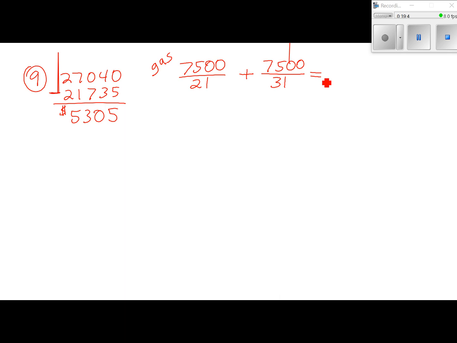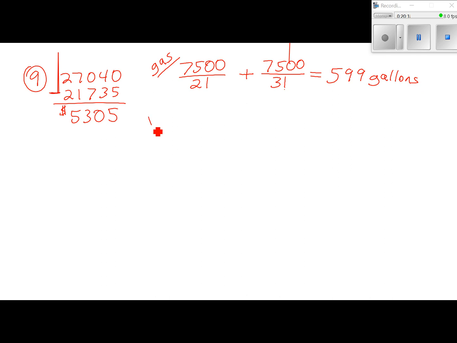If you punch that into your calculator, 21 miles per gallon here, 31 miles per gallon here, this is going to tell you how many gallons of gas he needs in that year to drive the gas car, and I came up with about 599. So 599 gallons is what he needs to operate the gas car for the year.